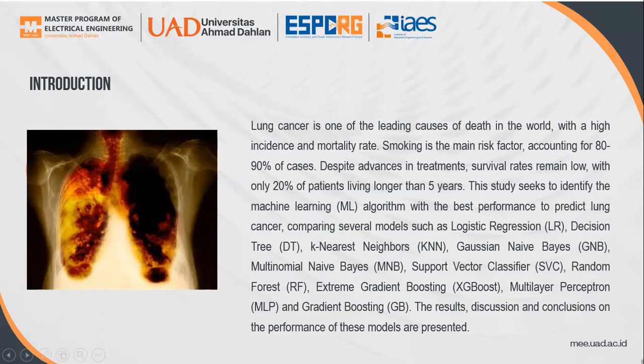This study seeks to identify the machine learning algorithm with the best performance to predict lung cancer, comparing several models such as Logistic Regression, Decision Tree, K-Neighbors, Gaussian Naive Bayes, Multinomial Naive Bayes, Support Vector Classifier, Random Forest, Extreme Gradient Boosting, Multilayer Perceptron, and Gradient Boosting.